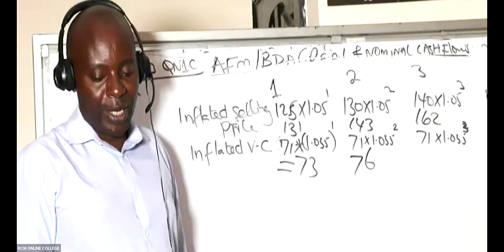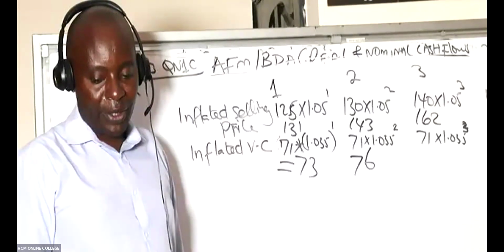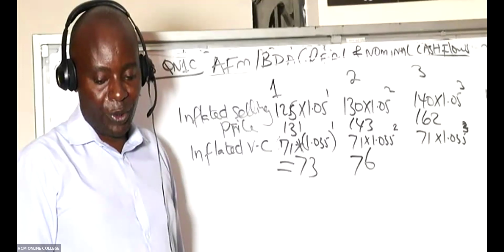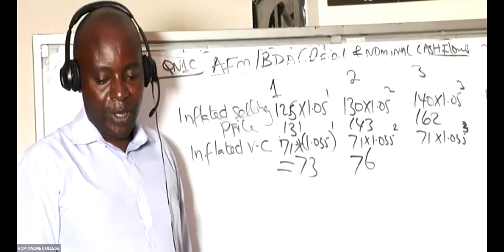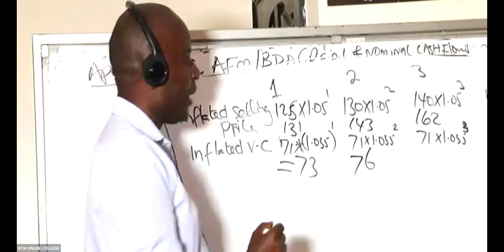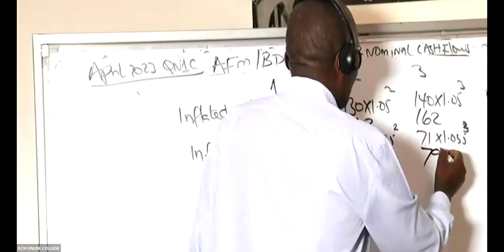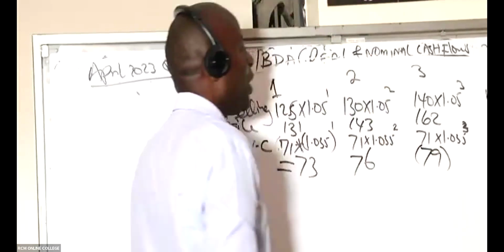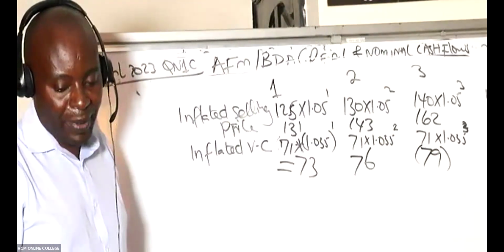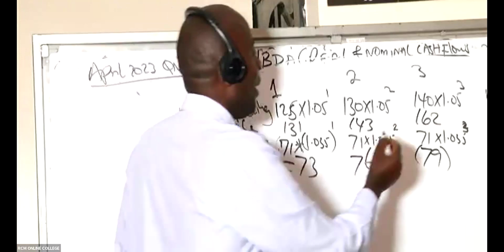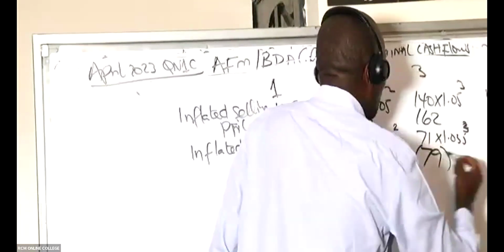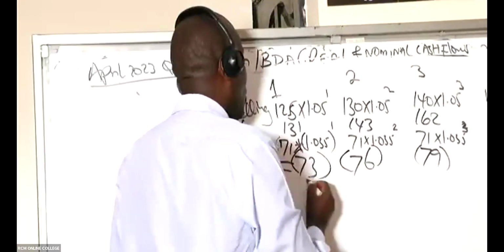What do we have here? We have 79 from Lizzie. We go to year number 4. Lastly, what do we have? 81.